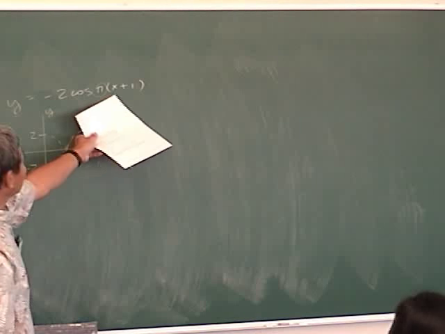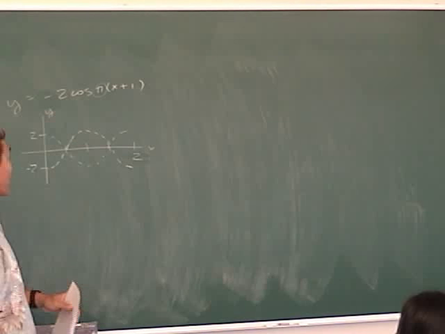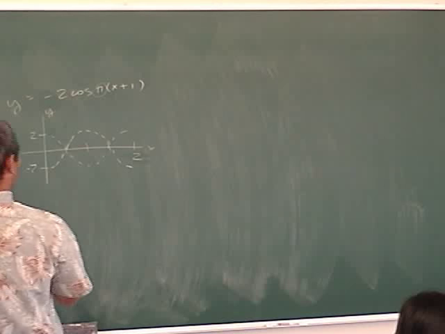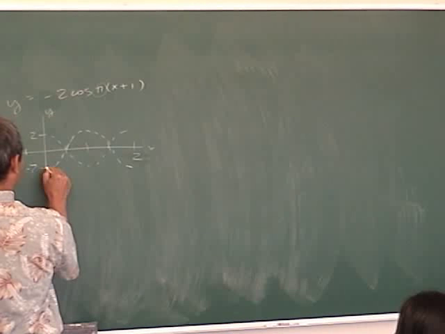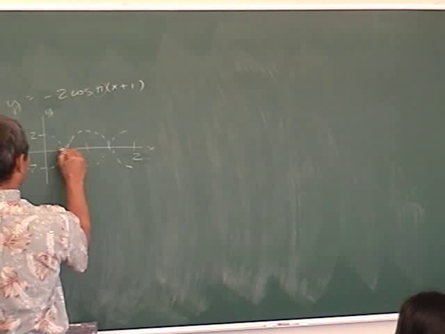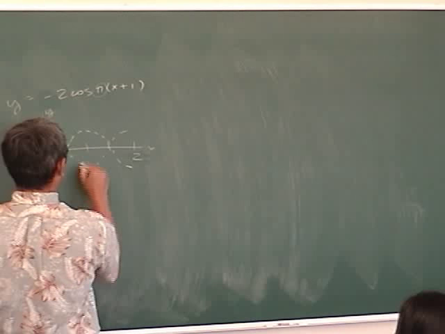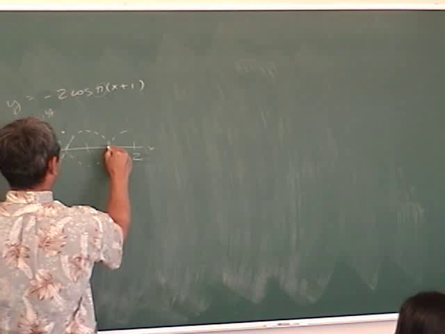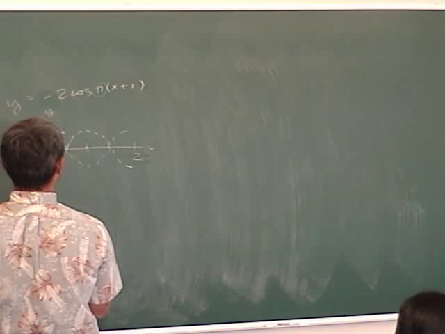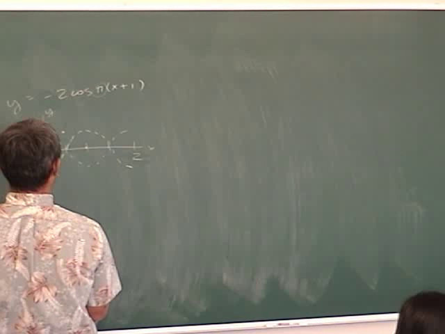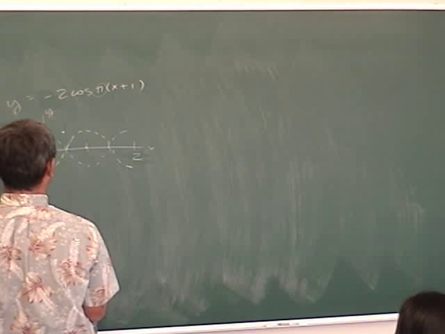And then what does the x plus 1 do? That shifts it 1 to the left. So everything goes 1 to the left. So this point goes here, this point goes there, that point goes there. Am I looking at the right graph? I'm looking at the right graph.